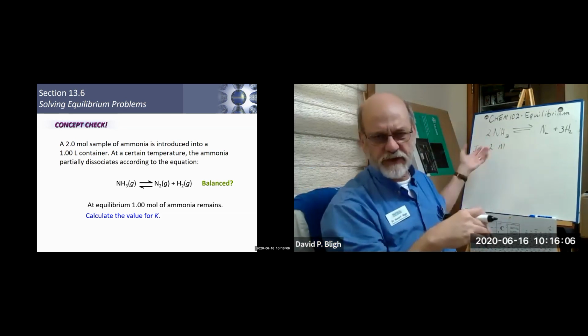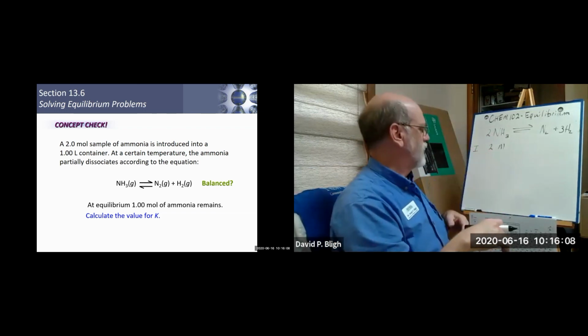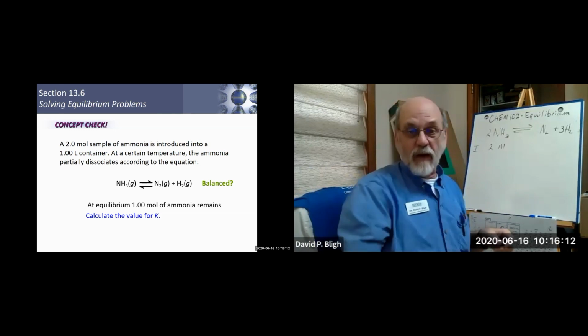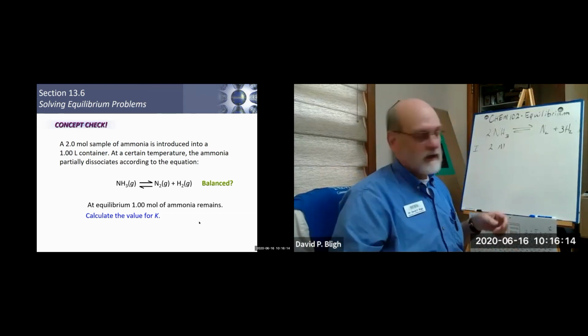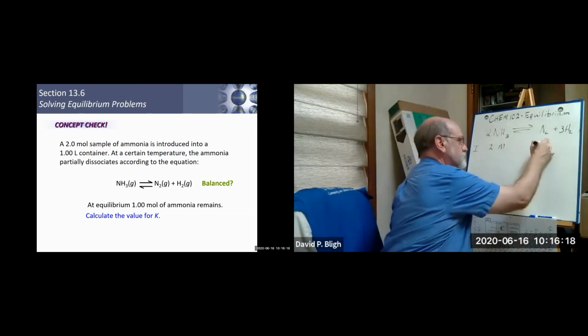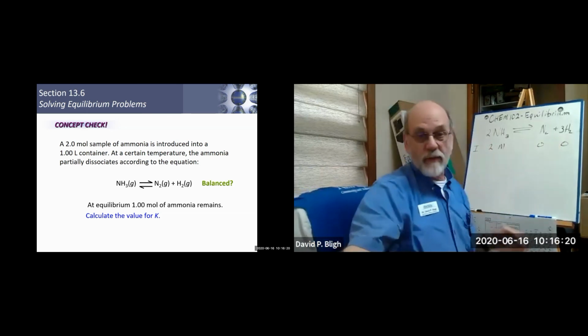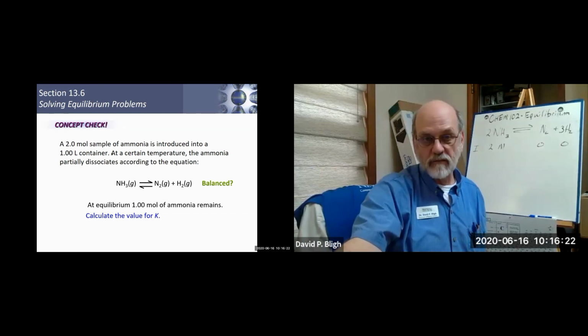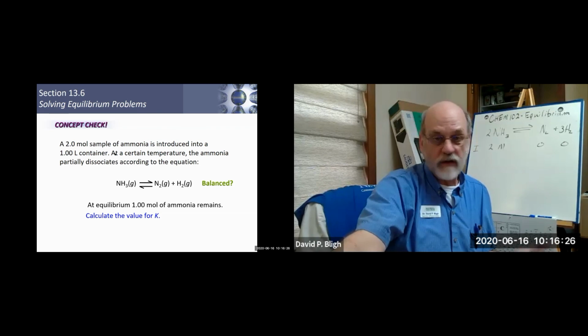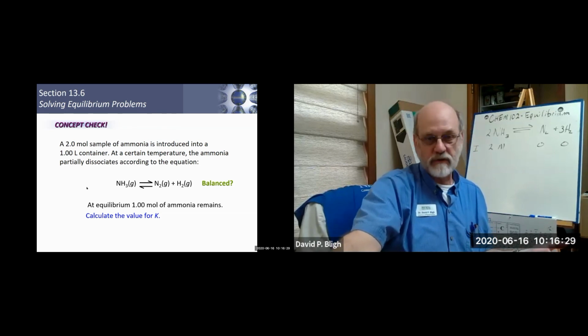I'm leaving off the significant figures just to conserve space. All right. So we're starting out with this and none of that, right? Why? Because we weren't given any. We just said 2 moles of ammonia introduced into a 1 liter container. That's it, at a given temperature.